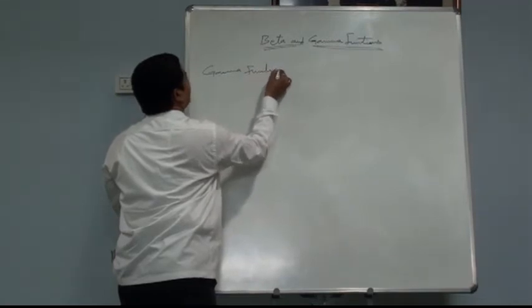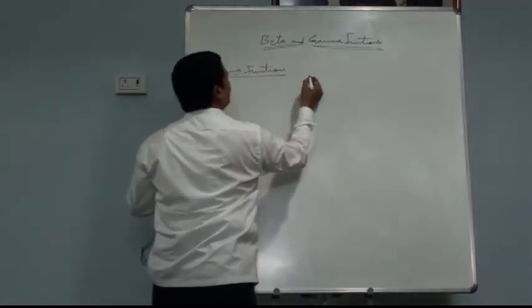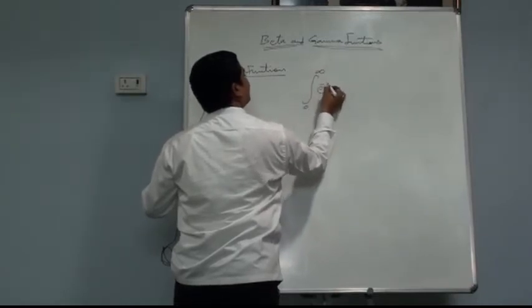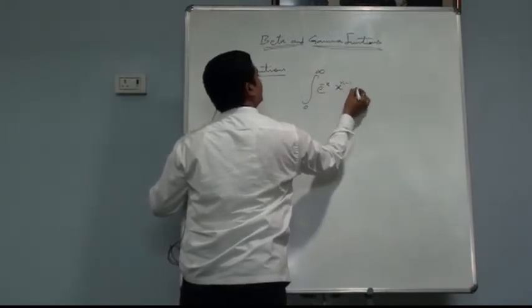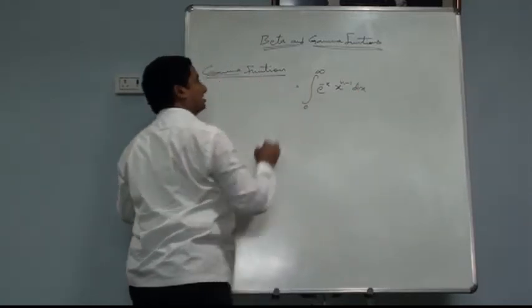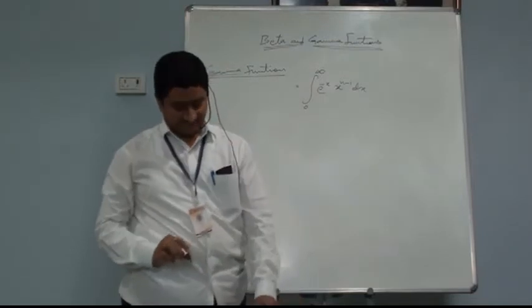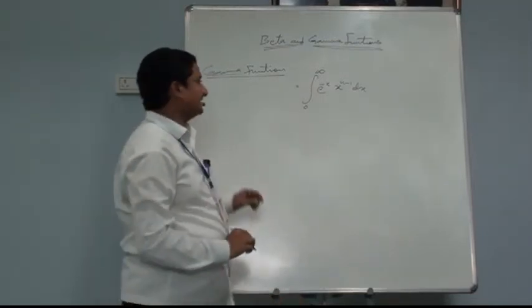Now, a definite integral 0 to infinite e power minus x, x power n minus 1 dx. This is a definite integral as there are limits for this integration, where x is ranging from 0 to infinite.